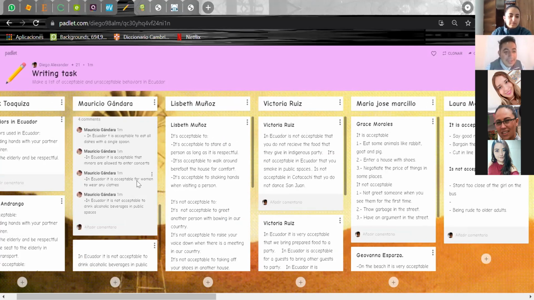In Ecuador, it's acceptable for women to wear any clothes. Yeah, that could be also, but I think it is not only in Ecuador, because it's all around the world, but maybe just in some countries, maybe from Africa, Saudi Arabia, Iran, Iraq. In those countries maybe for cultural issues, women are not allowed to wear whatever clothes they want.